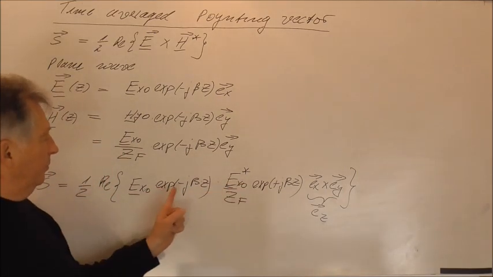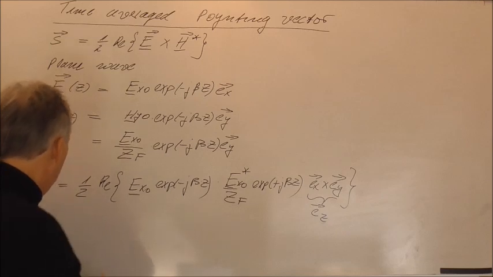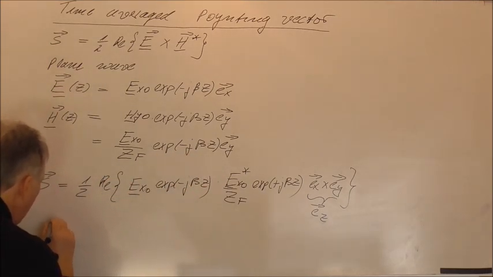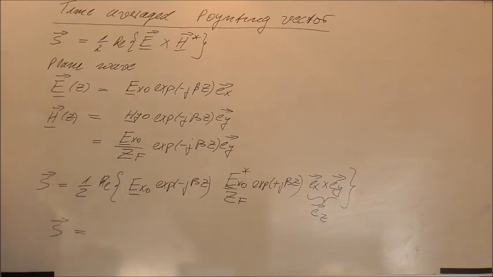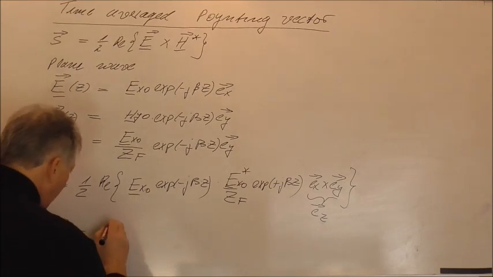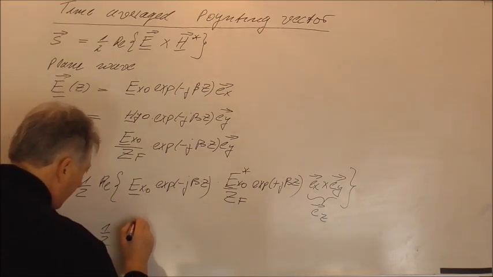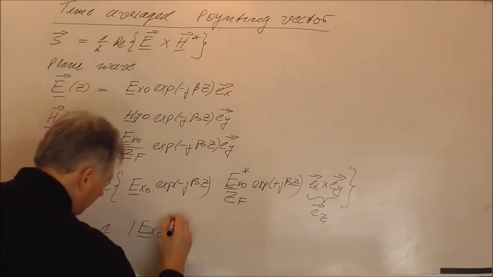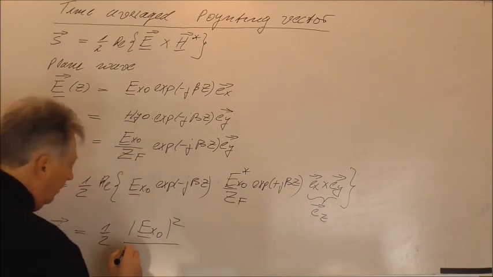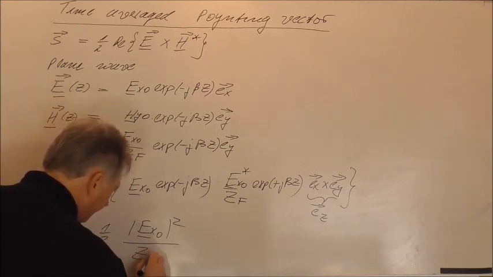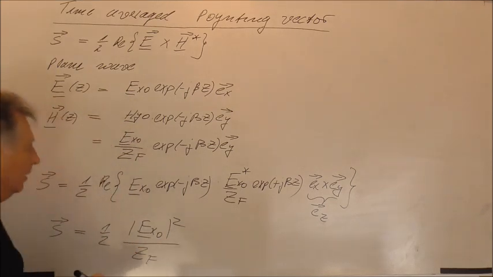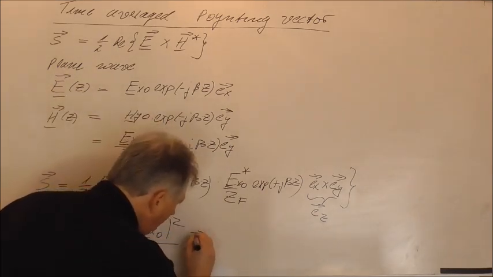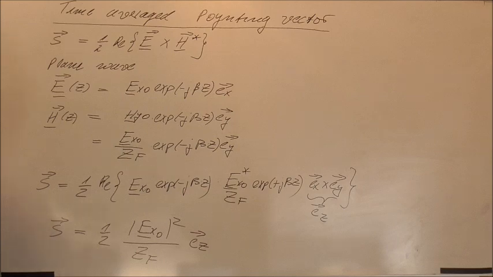This will be the absolute value, the exponentials will cancel, and of course this is all real, and we will find for S, the time average Poynting vector, 1/2 the absolute value of Ex naught squared divided by the field impedance times Ez.